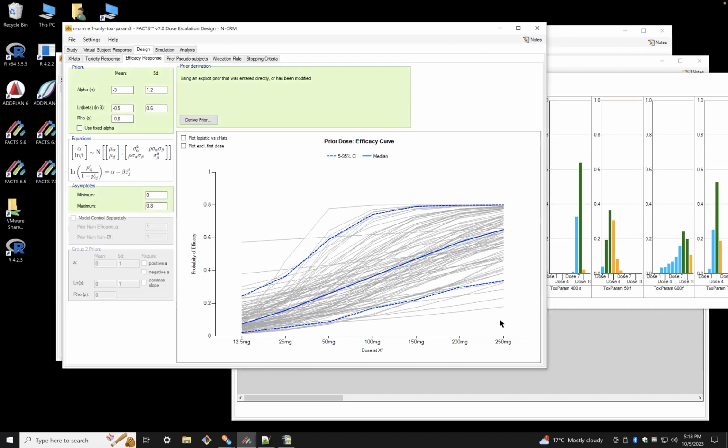Maybe we should consider that. And there's also, interestingly, quite a high negative correlation between the early efficacy and the slope. So the less efficacy we see early on, the higher we expect the slope to be.